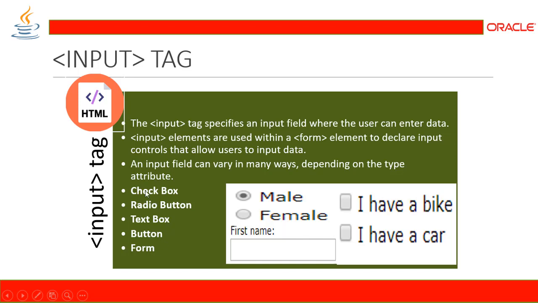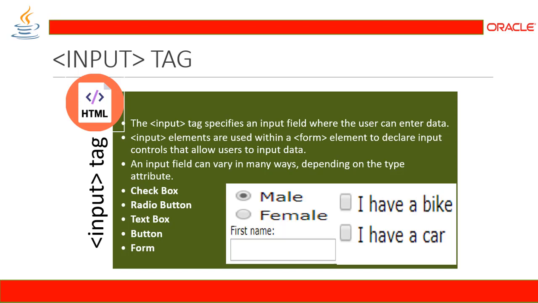These input types can be implemented with the help of the input tag in HTML. One of them is the radio button. You can see here the gender. This is the most commonly used type of input where we can have multiple choices, but you have to choose only one out of them. Suppose you have on and off, or true, false.